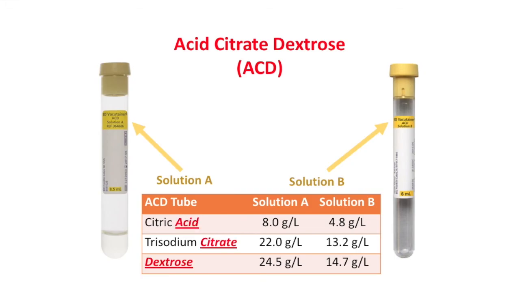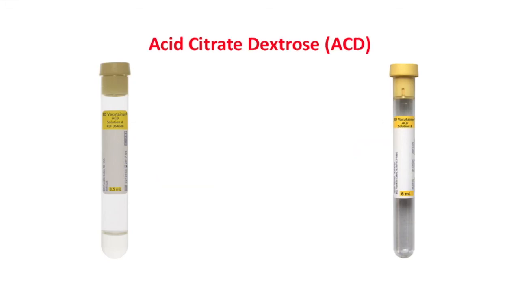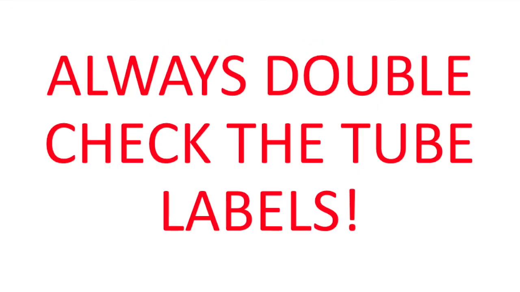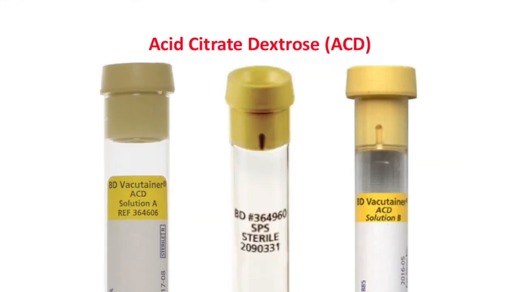So keep in mind we have another tube that looks very similar to these tubes in the blood cultures category, our SPS tube. Remember, the SPS tube comes first in the order of draw, but the ACD tubes come last. So if you can remember that yucky little boys rarely get lovely girls, yellow comes first, yellow also comes last. But always double check your tube labels to make sure that you are drawing the right tubes.